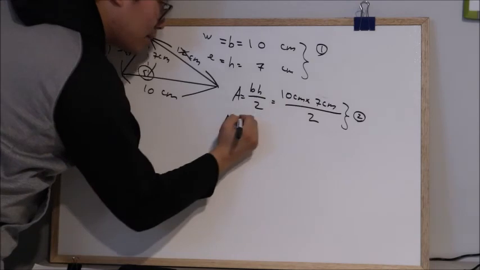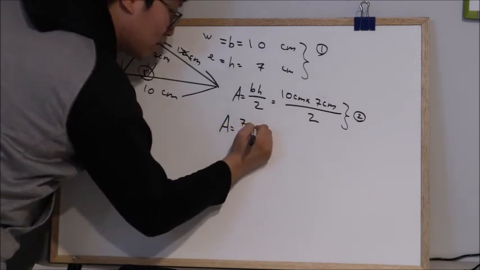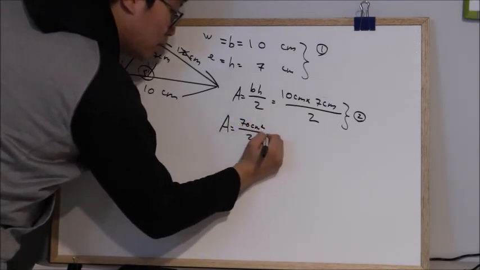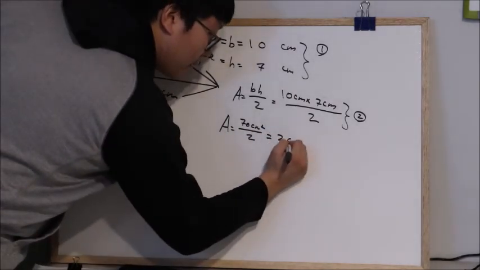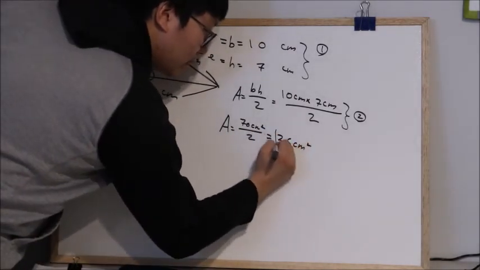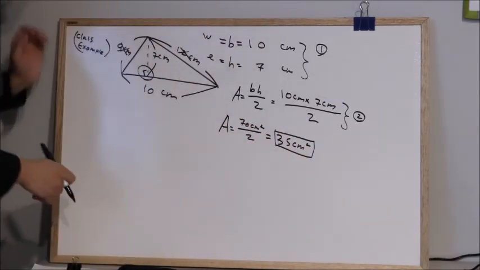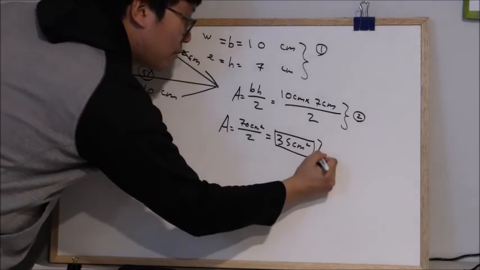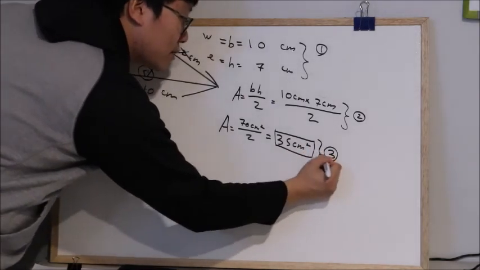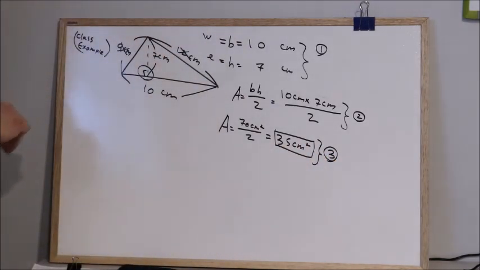Basically 7 times 10, that's 70 centimeters squared, divided by 2. If you use your calculator, that becomes 35 square centimeters. This may require rounding, depending on what type of question you're doing, but it does involve these 3 steps.